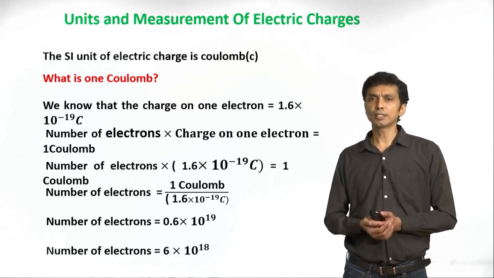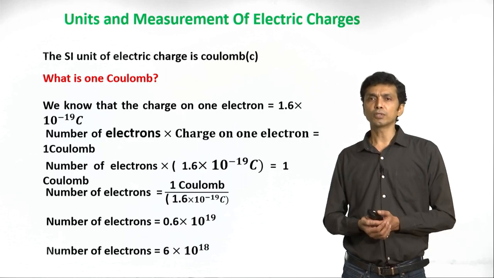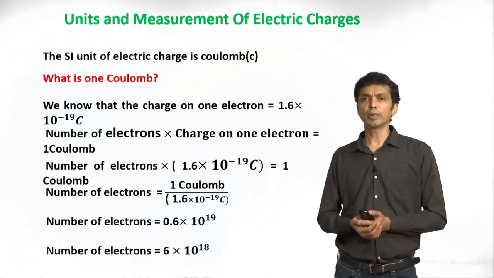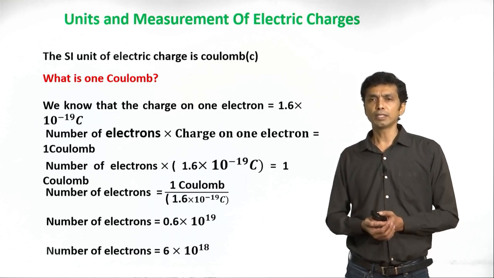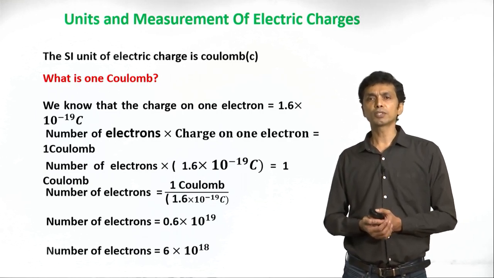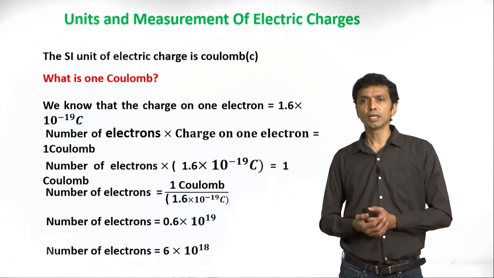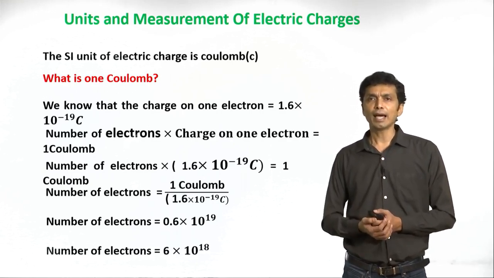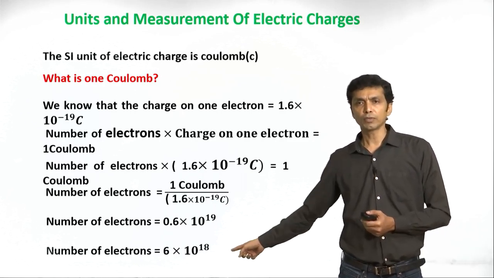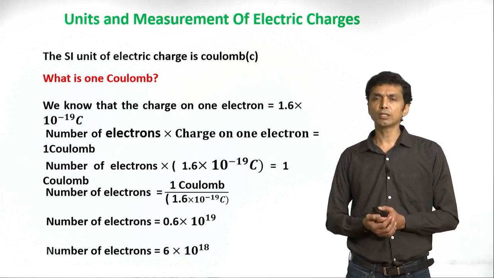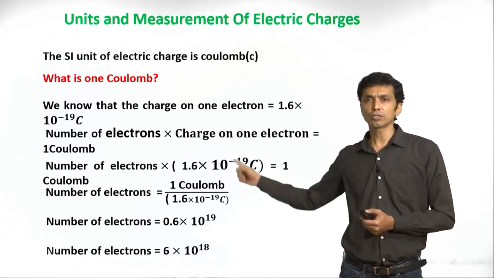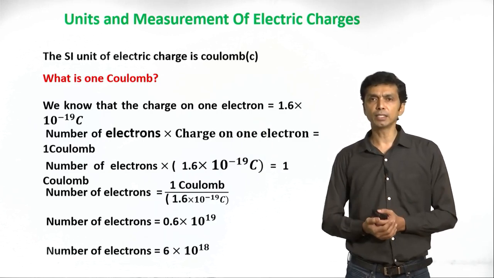For that, the number of electrons into the charge of 1 electron is equal to 1 Coulomb. By using this, we derive that 6 into 10 to the power of 18 electrons are needed to make 1 Coulomb of charge, since each electron has a charge of 1.6 into 10 to the power of minus 19 Coulomb.